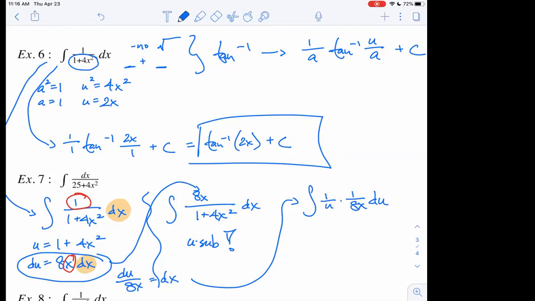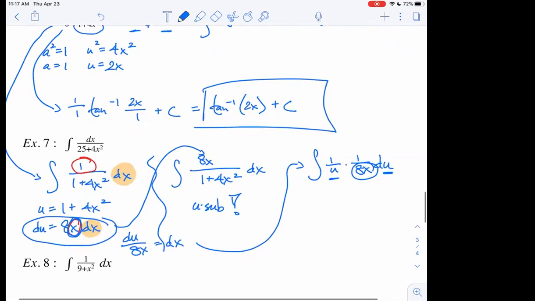So the problem here is I have some u's and I have some x's. So if you end up with a variable in there that you can't match, then that's definitely a case when you're not using U sub. Okay, thank you. I really like her question, by the way.